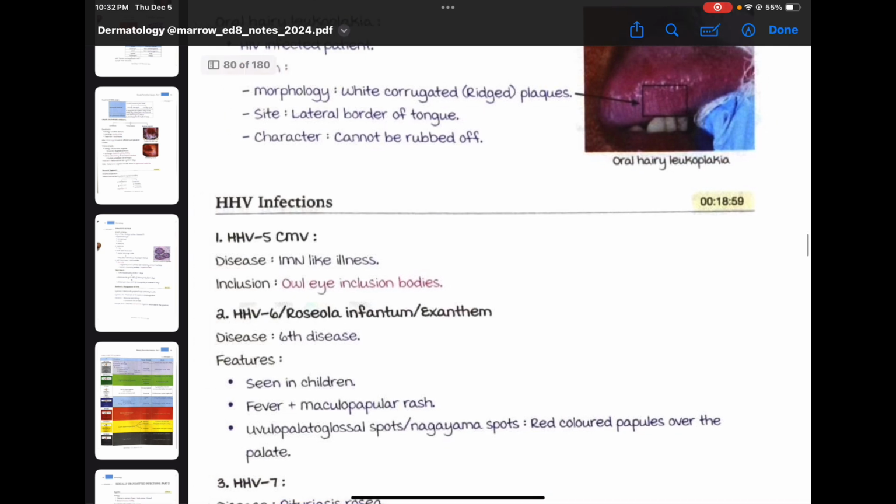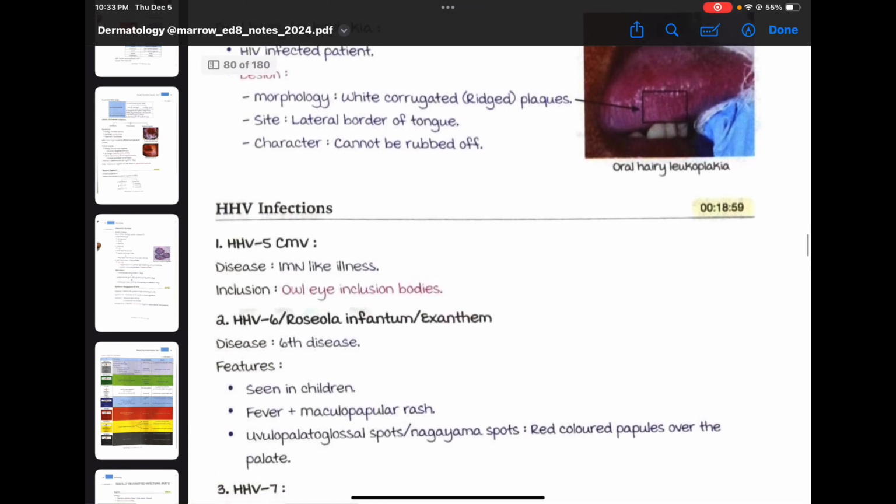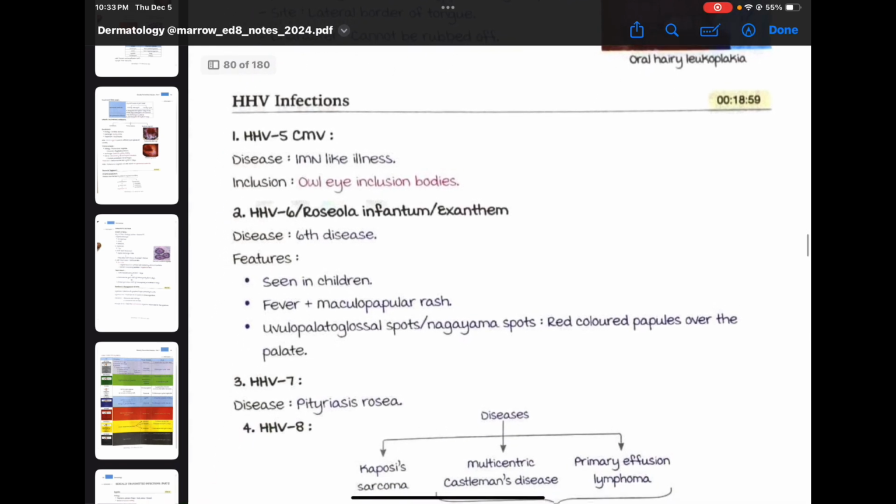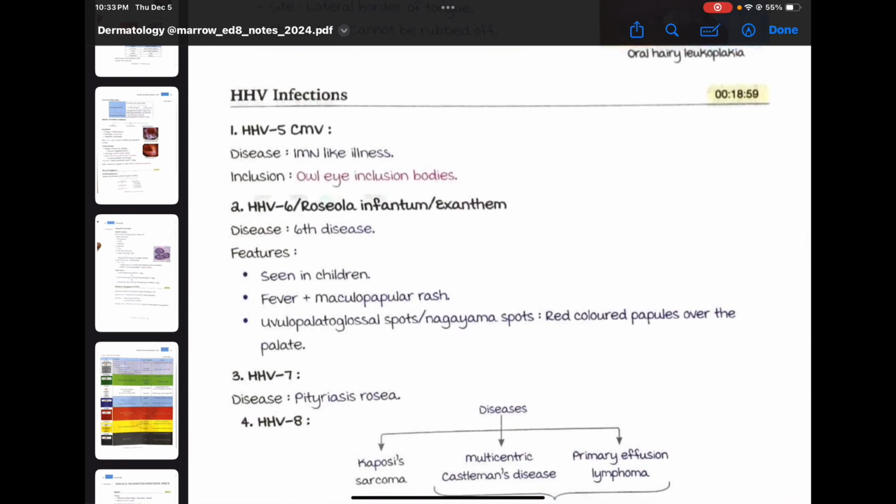HHV infections. HHV5 disease: infectious mononucleosis like illness, owl eye inclusion bodies. HHV6: roseola infantum, also called exanthem subitum, sixth disease.